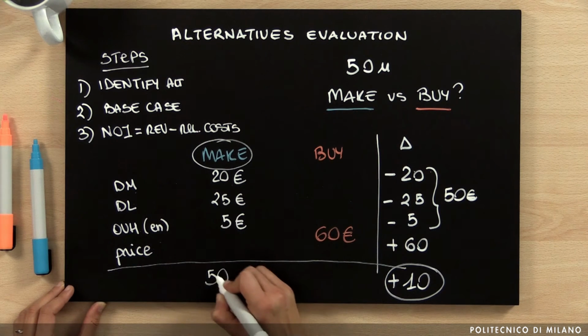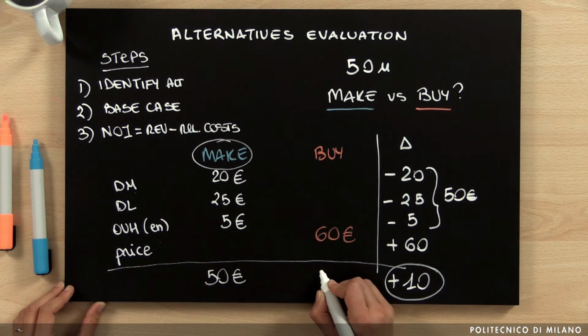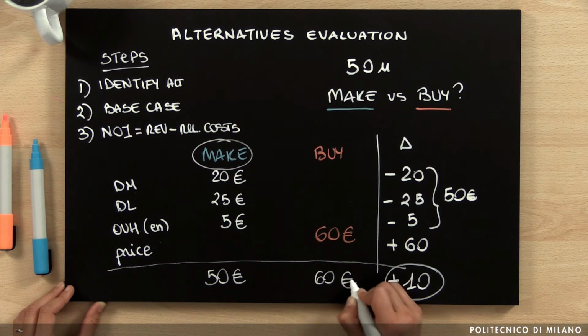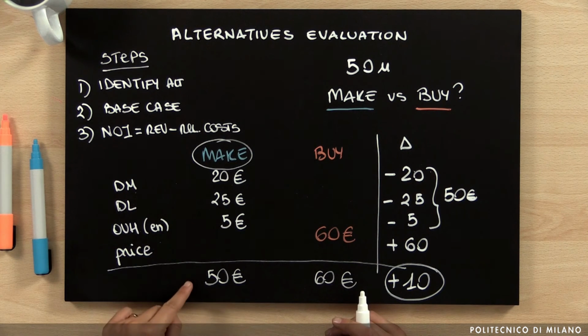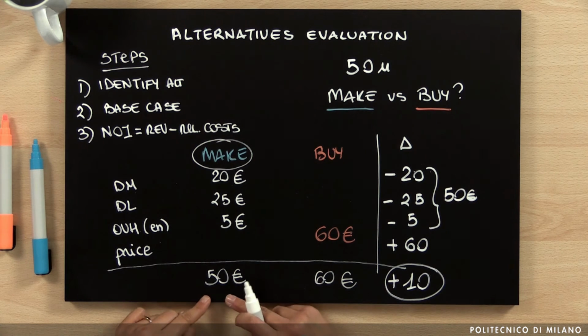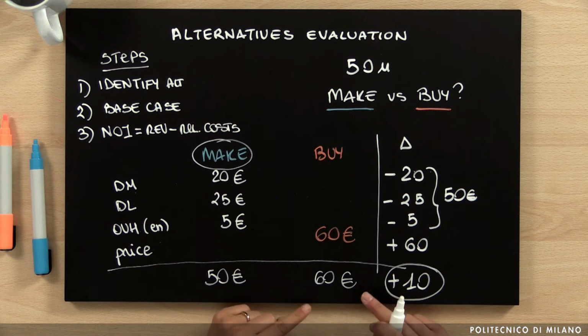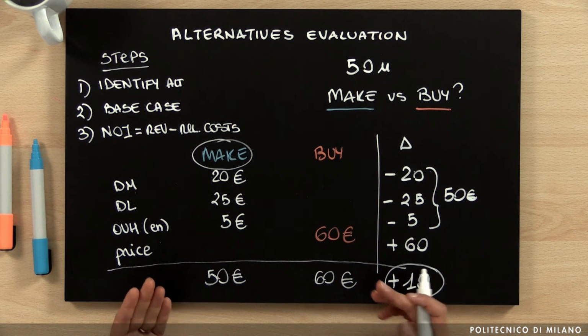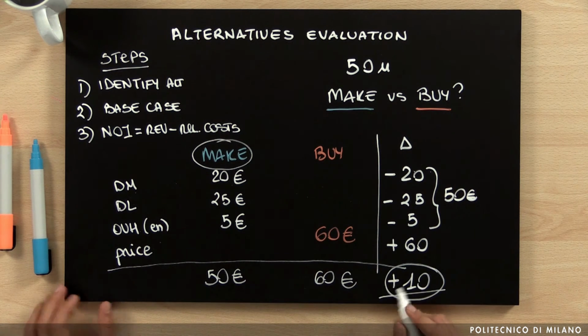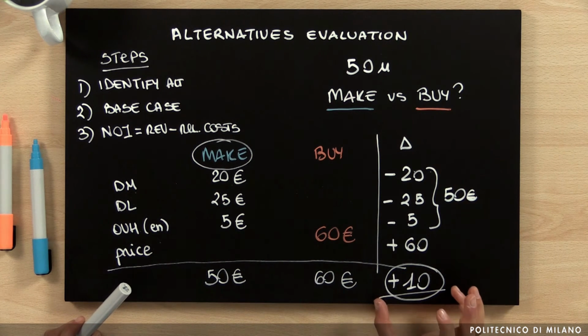So we will have 50 euros for producing inside and then 60 euros to purchase outside. If we realize the production inside, we will spend 50 euros, while if we purchase the same production outside, we will have 60 euros. And by comparing them, we can see that it is more convenient to realize the production inside rather than purchasing the product outside, because we are saving 10 euros.